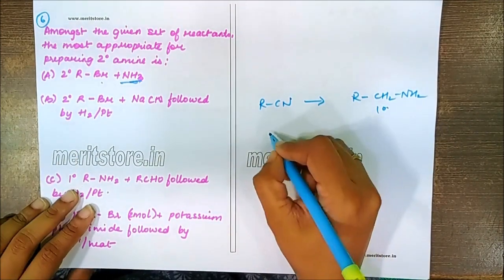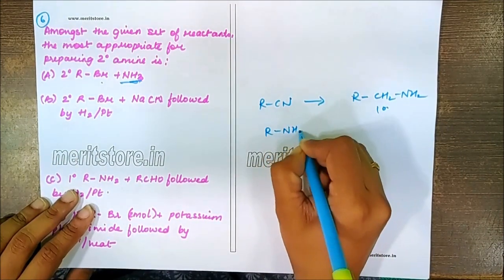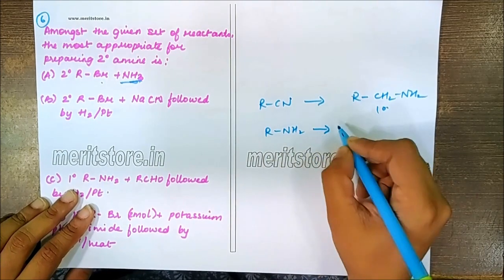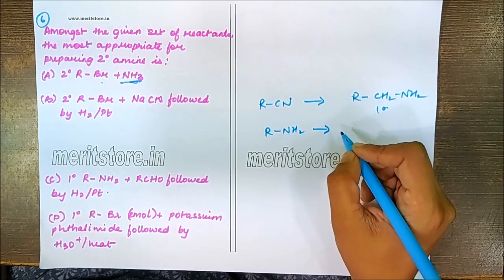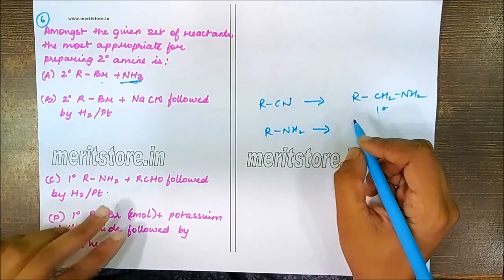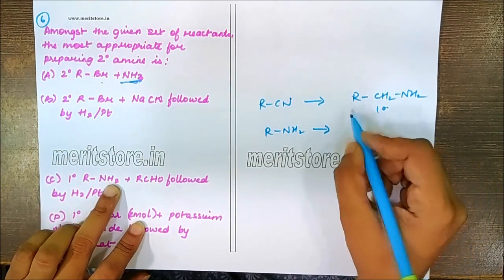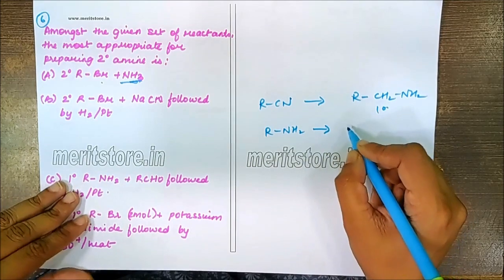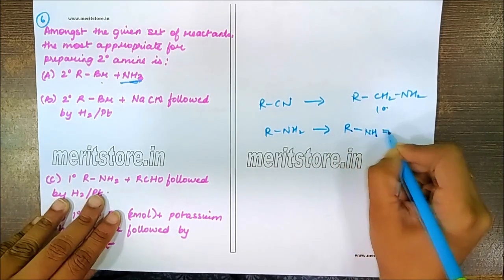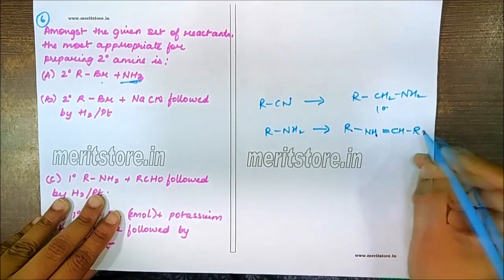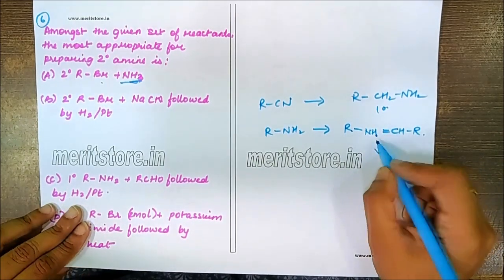If you talk about the third option, the RNH2 is on treatment with the aldehyde. Aldehyde will give us the reaction where there will be imine formation over here. So R, there will be NH, double bond CH, R, followed by the reduction.